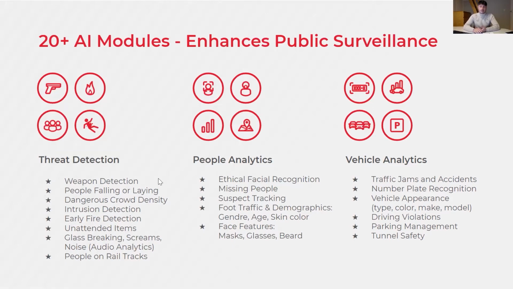through the use of artificial intelligence. Again, intrusion detection, that's going to be absolutely key to critical infrastructures, water plants, oil and gas, and so forth. The list goes on. Again, dangerous crowd densities can be applicable in stadiums worldwide.